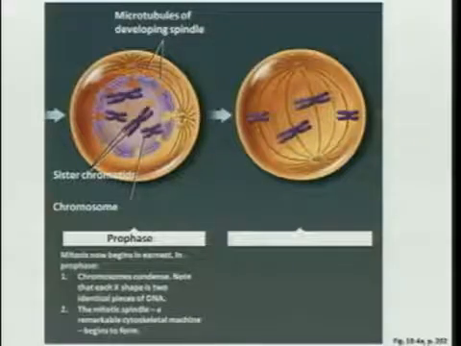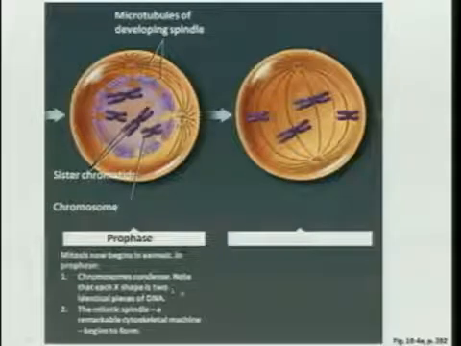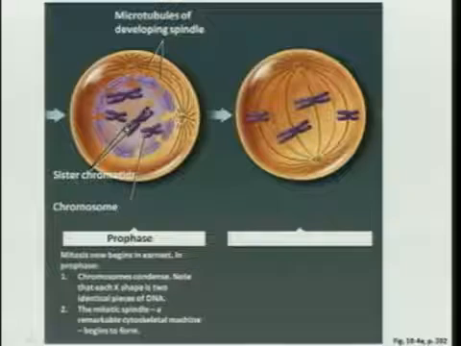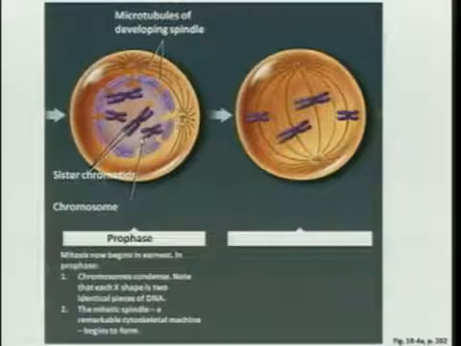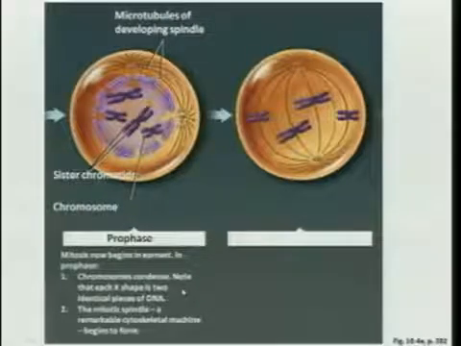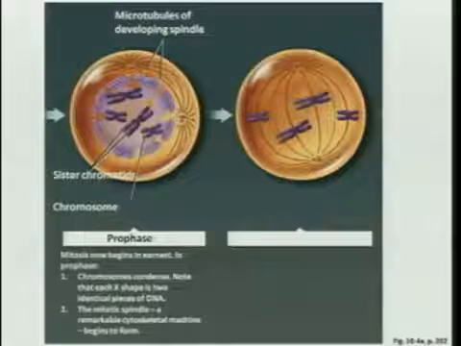Mitosis can now begin in earnest with something called the prophase. In prophase, chromosomes condense. Notice that each X shape is two identical pieces of DNA. The mitotic spindle, a remarkable cytoskeletal machine, begins to form. And I will show you a movie of the mitotic spindle very shortly.